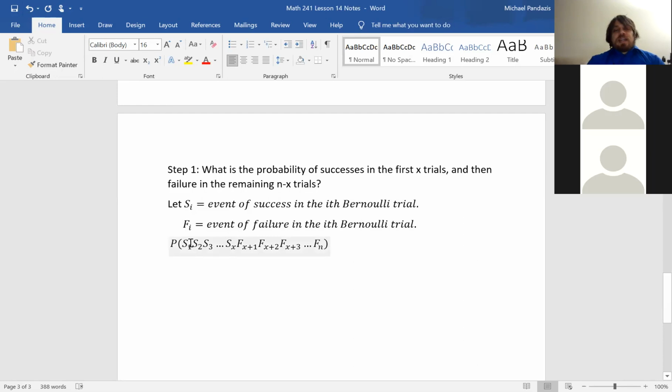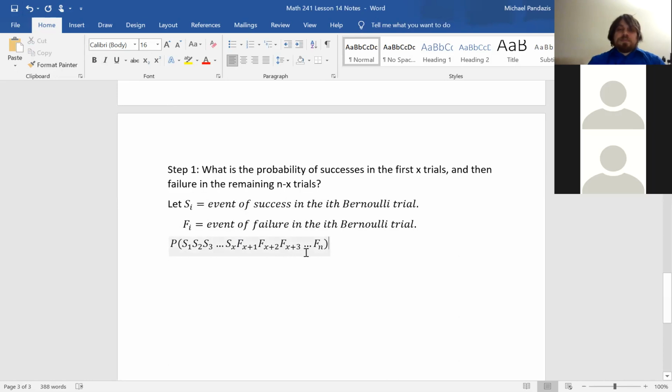So x successes, little x number of successes, and then from x plus 1 to n, you want to quantify that. If you take x plus 1 to n, where n is greater than or equal to x plus 1, there are n minus x of them.